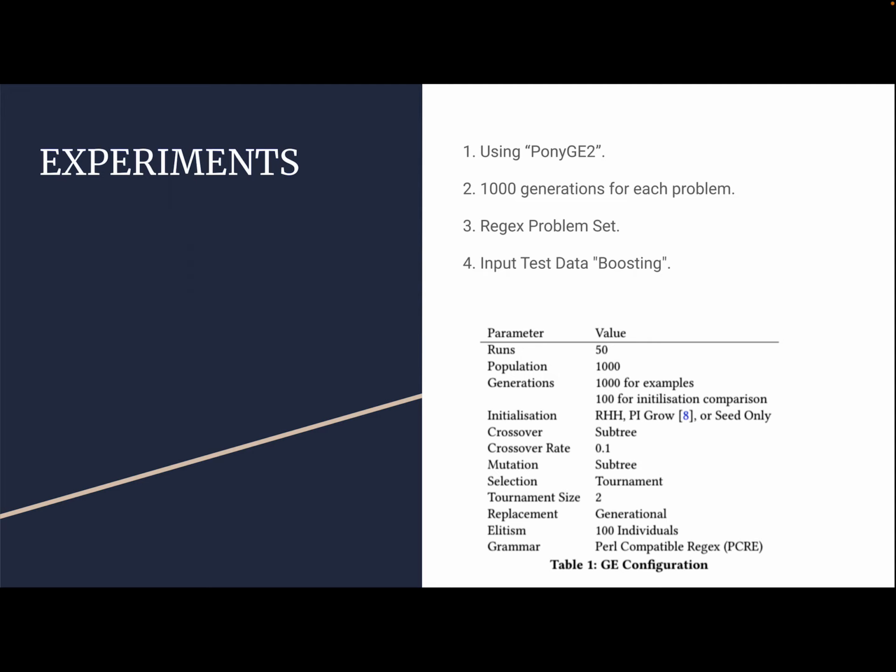So, in the experiments, they also need to consider the input test data. Functionality error is the sum of match errors. To explain the test input strings, they use a very basic approach to automatically generate additional test cases for each regex.